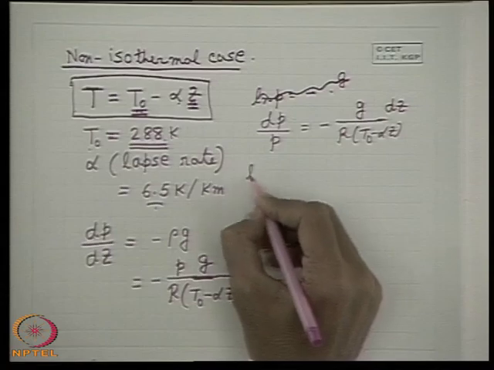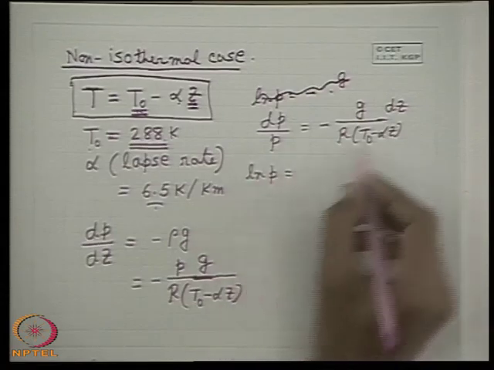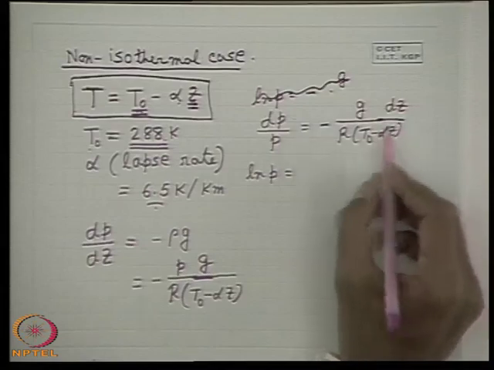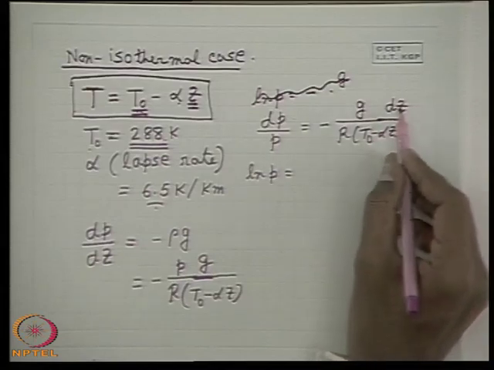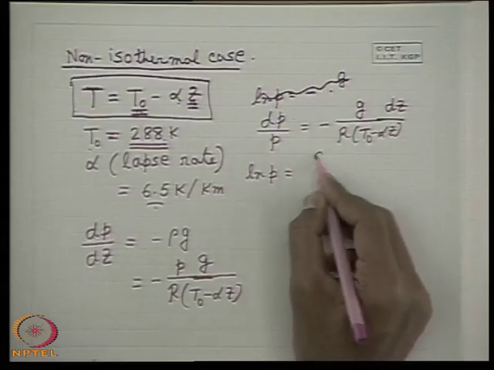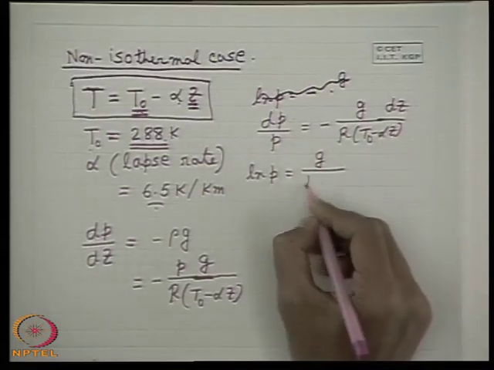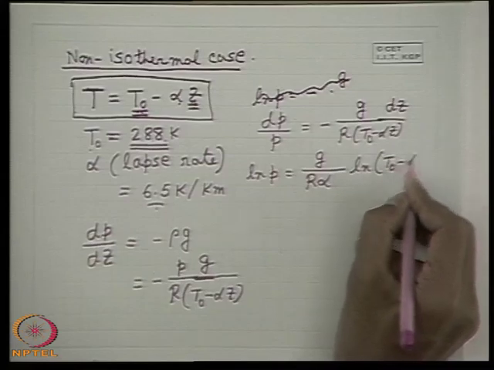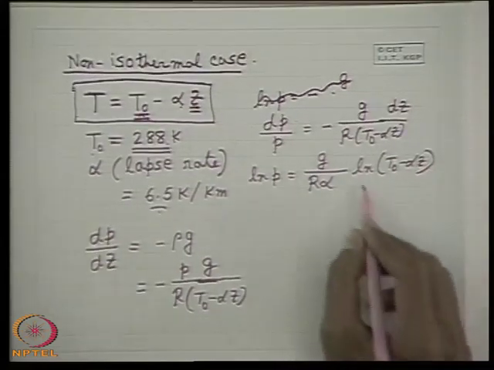If you integrate it, here it will be ln P, and on the right it will be ln of T0 minus alpha z with respect to dz, and alpha, minus minus plus, with alpha coming as the coefficient in the denominator, the usual rule of integration, and simply T0 minus alpha z as the whole argument of ln.